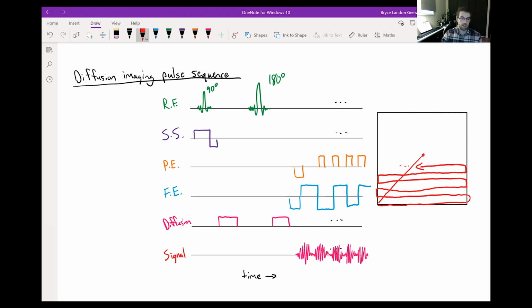And this, like I mentioned, is a classic echoplanar imaging sequence. This is EPI, as it's called. Just write it out here.